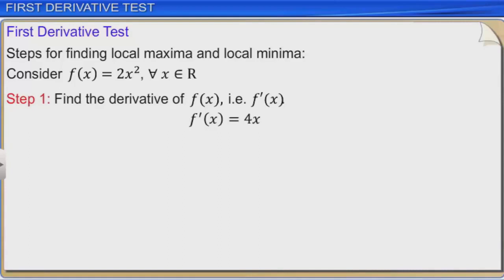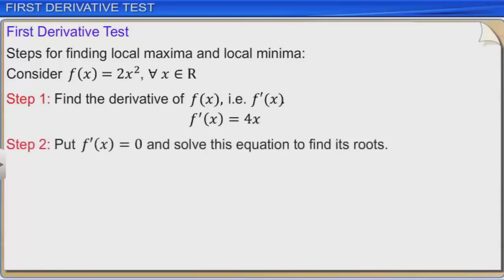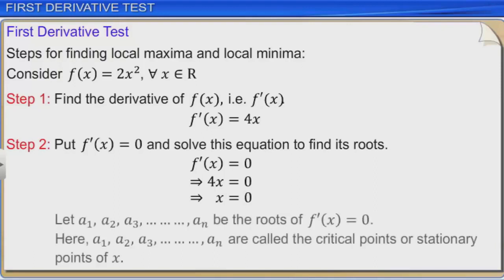After finding the derivative, we equate it to 0 and solve for the roots of f dash x equal to 0. On equating the derivative to 0, we get only one root, and that is x equal to 0. The roots so obtained are known as the critical points or stationary points of f.